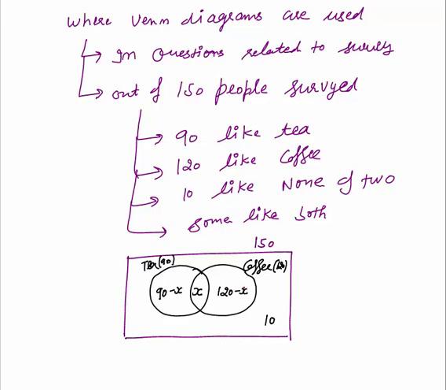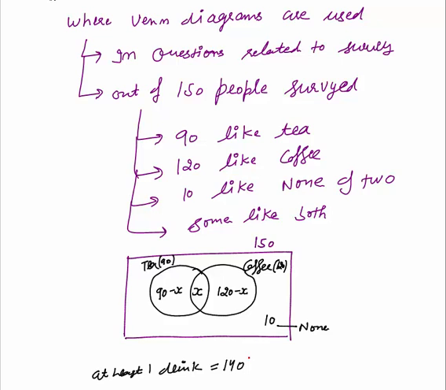Now the total number of respondents within the circles must be 140, because there are 150 persons in total, out of which 10 like none. Those who like at least one drink are how much? Those who like at least one drink are 140, because total are 150, out of which 10 like none.